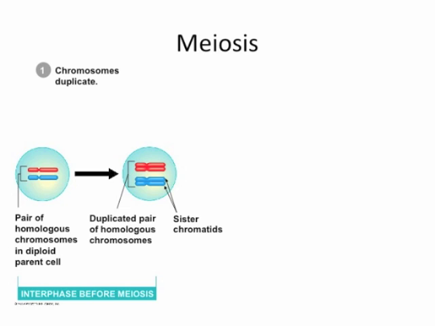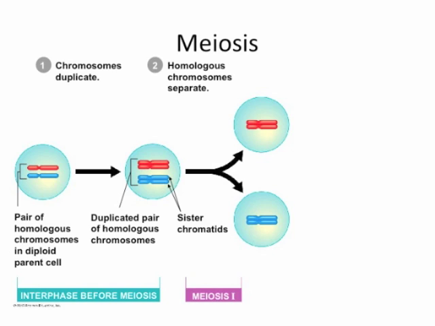Then, during the first part of meiosis, homologous chromosomes, remember those pairs of chromosomes, are going to line up and separate so that 1 copy of each chromosome goes to one cell and another copy of each chromosome goes to the other cell. So this is what's called meiosis 1, and meiosis 1 is going to separate our homologous chromosomes.